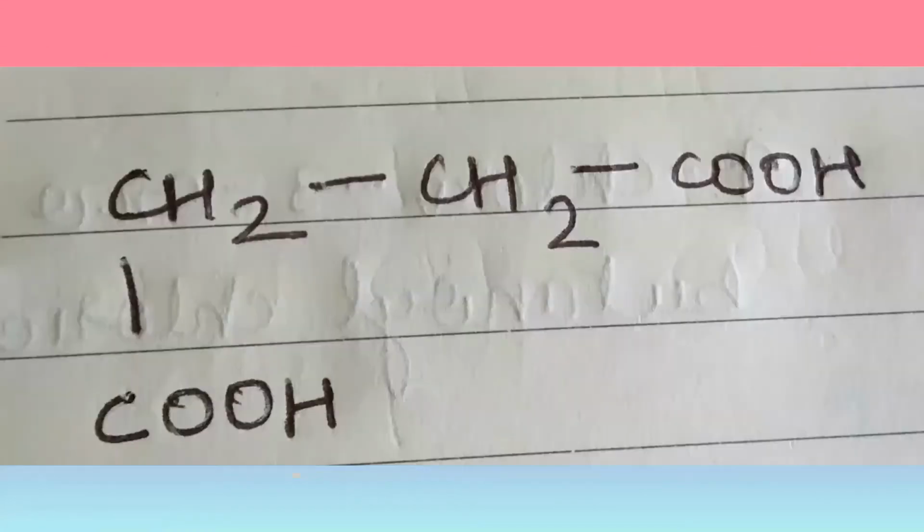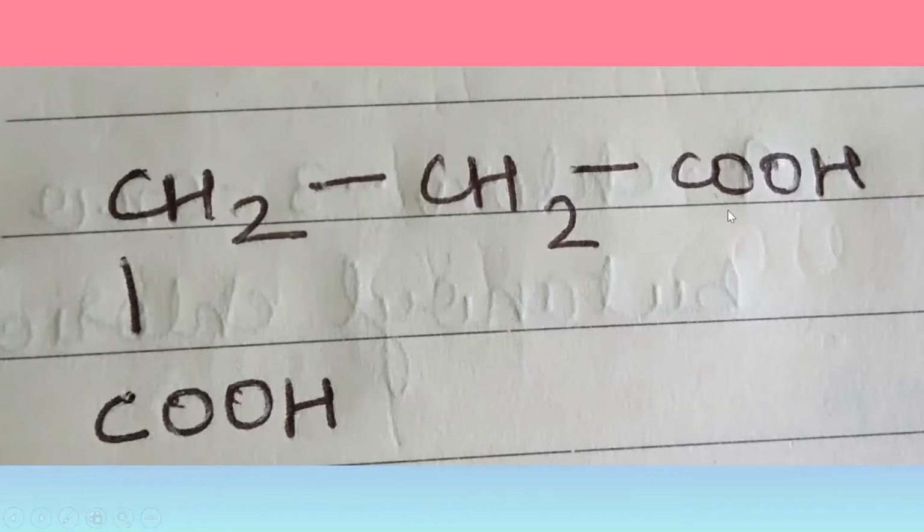So here the first one is, if you observe, there are two principal functional groups attached to the terminal parts of this carbon chain. When two chain terminating functional groups which are the same are connected to the carbon atoms of the parent chain directly, they become a part of the main carbon chain.